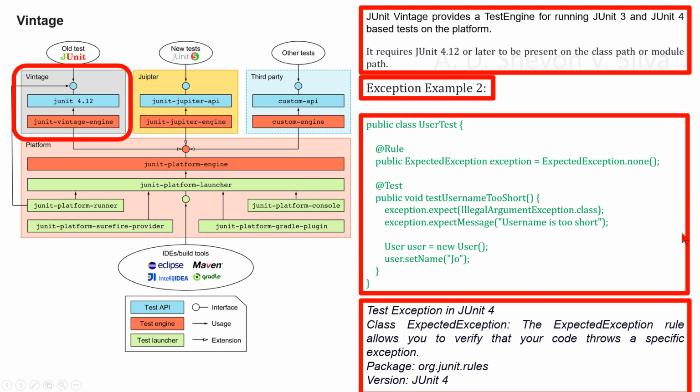The exception's message complies with the Hamcrest matcher, expectMessage matcher, or the exception cause complies with the Hamcrest matcher, expectCause matcher. The exception itself complies with the Hamcrest matcher, expect matcher. You can also combine any of the presented expect methods. The test is successful if the specifications are met.